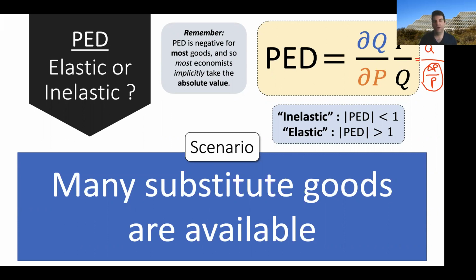Here's one scenario. Let's say I have a lot of substitute goods available. I really like this squishy ball as I lecture, but occasionally I could use this fidget cube, which is an alternative I could purchase. If my squishy ball pops and the white gunk goes everywhere, I can either buy a new squishy ball, or I can buy one of these.